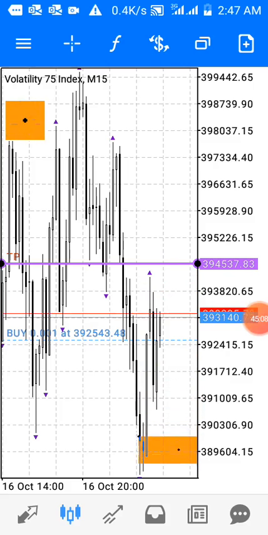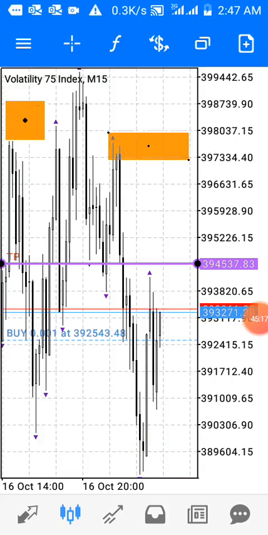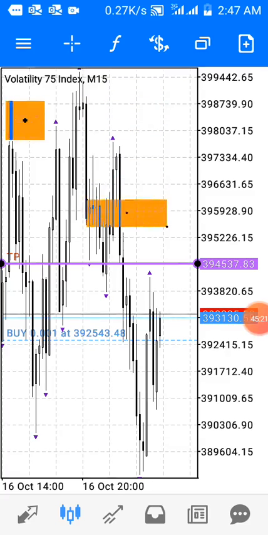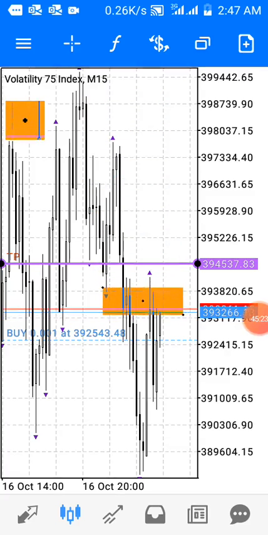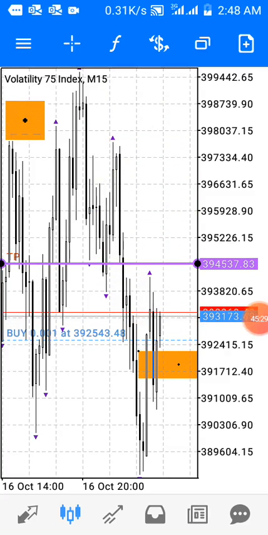Or if at this point price breaks lower, you can take your sell trade. Or if at this point price breaks higher, you can take your buy trade. So that's the way the strategy works. Make sure you have a breakout before you enter your sell or your buy trade, as the case may be.